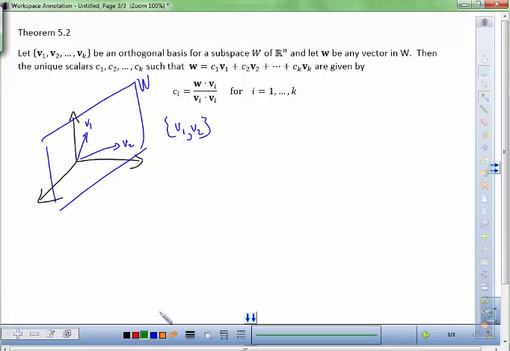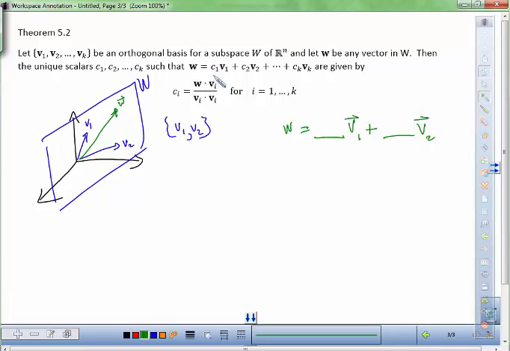Now what they're saying is that if I have a vector W that's in W, so let's say this is my vector W that's on the plane, then I can find a linear combination. W is equal to something with a V1 plus something with a V2.